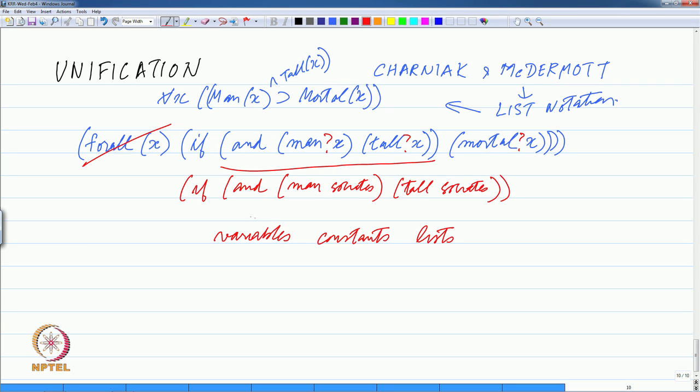If I am given the sentence that all tall men are mortal, which in implicit quantifier form is the first sentence in blue, and the second sentence which is that Socrates is a tall man, which is the sentence in red, then if I can unify the underlying parts, then I can apply the modified modus ponens rule to infer the right hand side essentially.